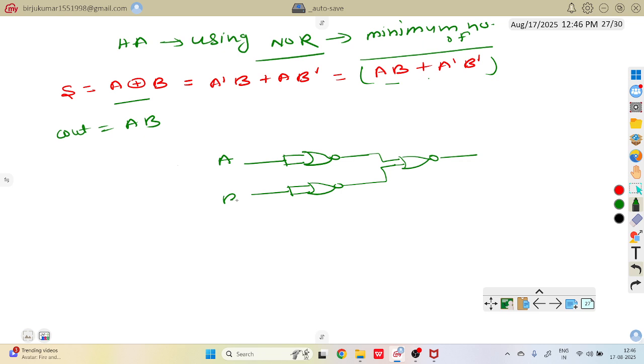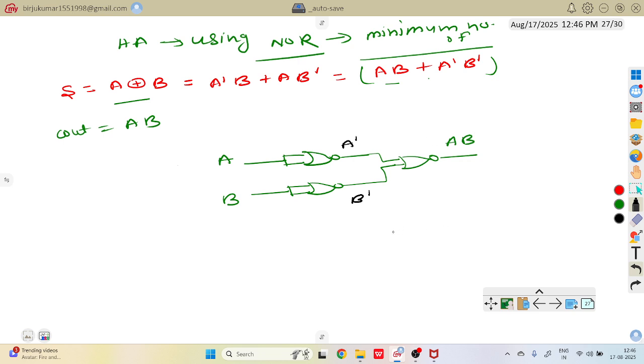This is the A, this is the B, and finally we will get AB. How? This is the A, this is the B bar, and if you pass A bar plus B bar, the whole bar, ultimately with the help of De Morgan's law, that is AB.